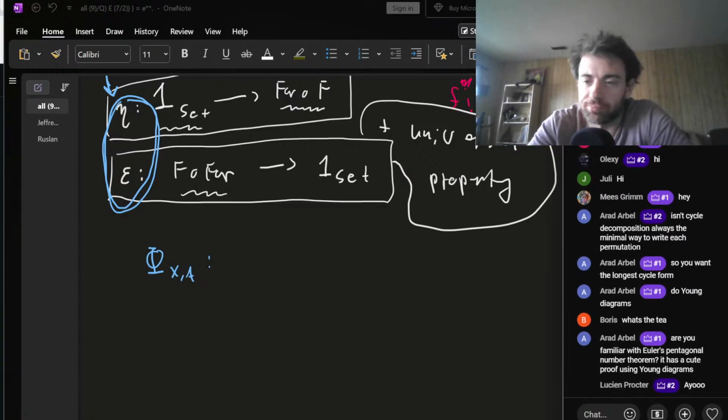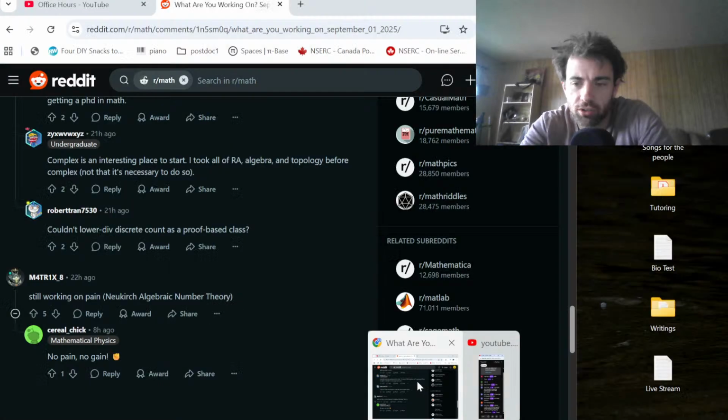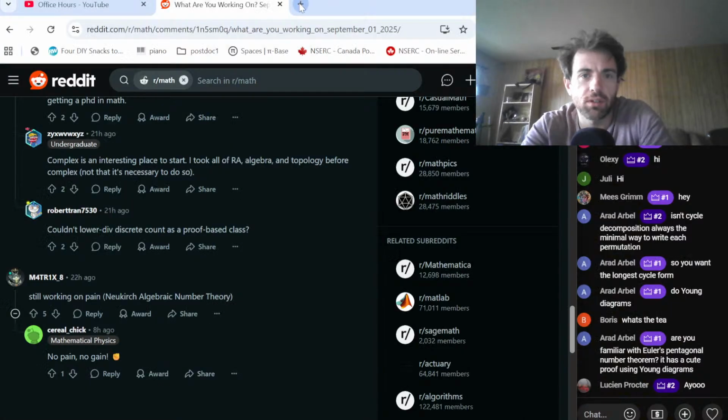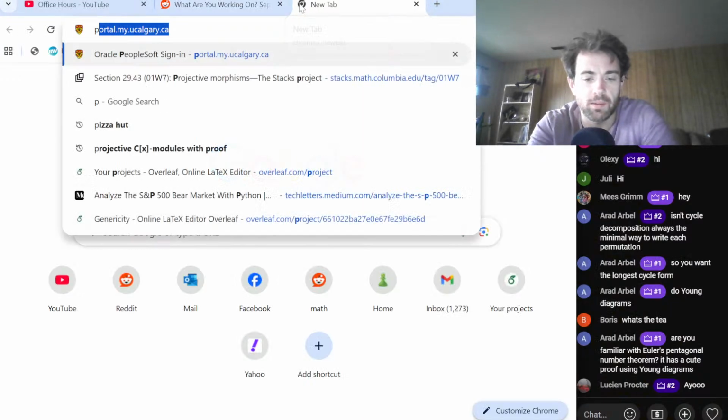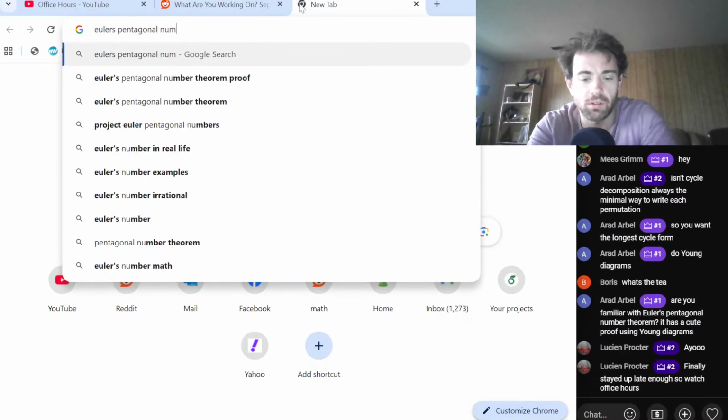Am I familiar with Euler's pentagonal number theorem as a proof using Young diagrams? Interesting. Hello, Lucian. Hello. Euler's pentagonal number.